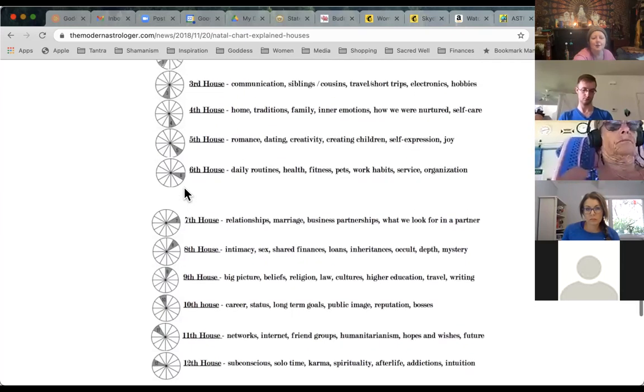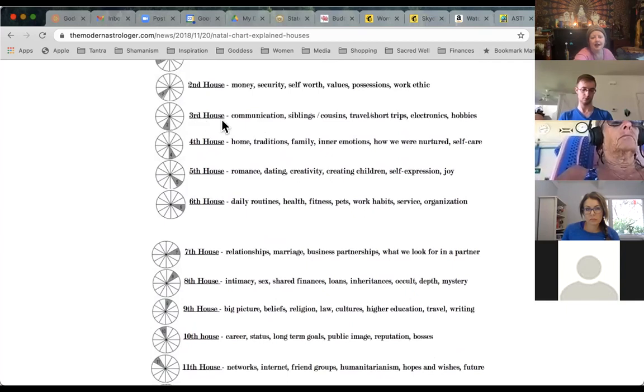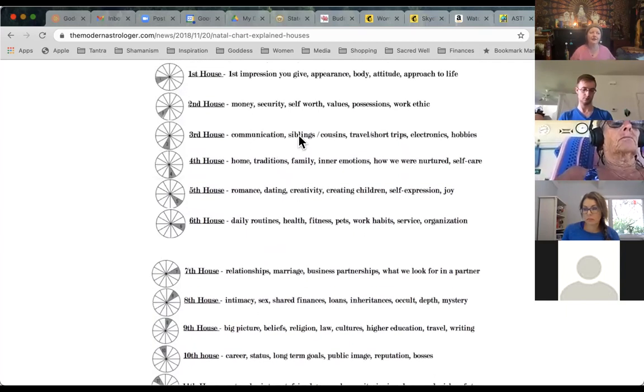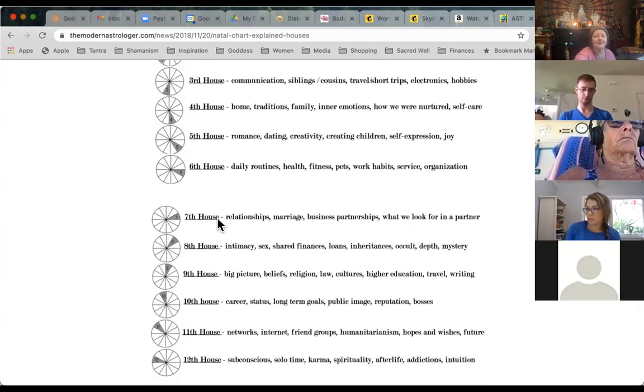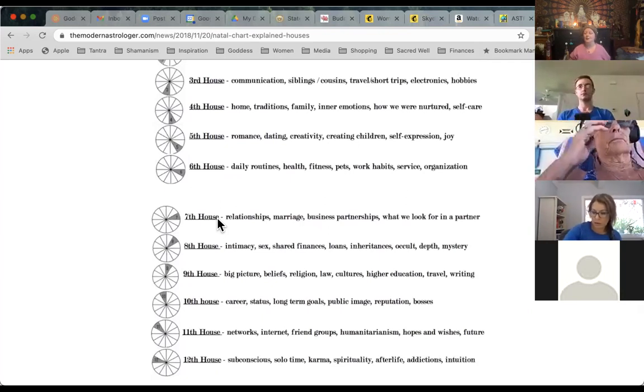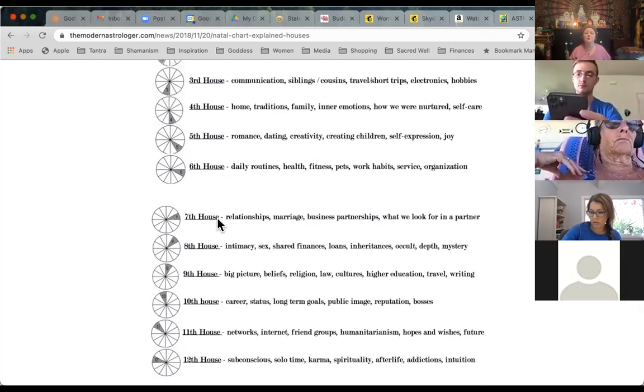Whereas up here in that 3rd house, we had more peer-to-peer communication. We still have some of that in the 7th house, but the 7th house tends to be more focused on, we have a mission to accomplish with someone. And then in that 6th house, it's more who we are within an organizational structure.